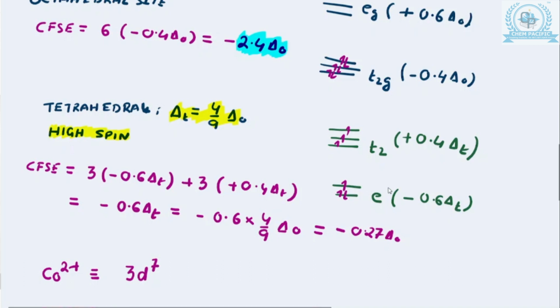तो आप देखो कि इसका जो CFSE वैल्यू ऑक्टाहेड्रल साइट में है वो है 2.4 और टेट्राहेड्रल साइट में है 0.27 delta 0.